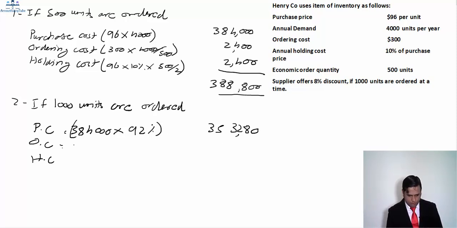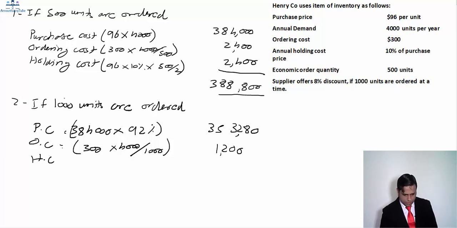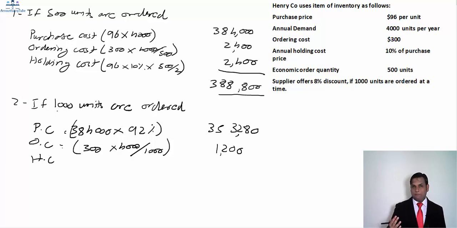Then we have our ordering cost. It is 300 as previously mentioned, multiplied by 4,000, but instead of 500 in the denominator we now have 1,000 units because the supplier is giving us the discount. This gives us 1,200. Our ordering cost becomes low, as expected, since more units are ordered, which means there will be fewer orders in a year.